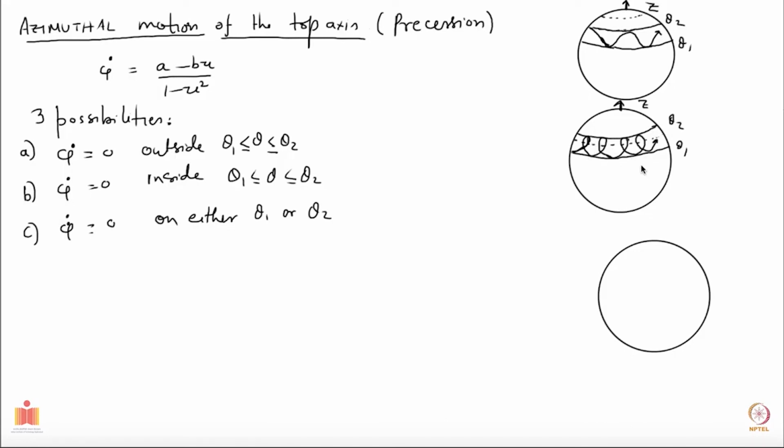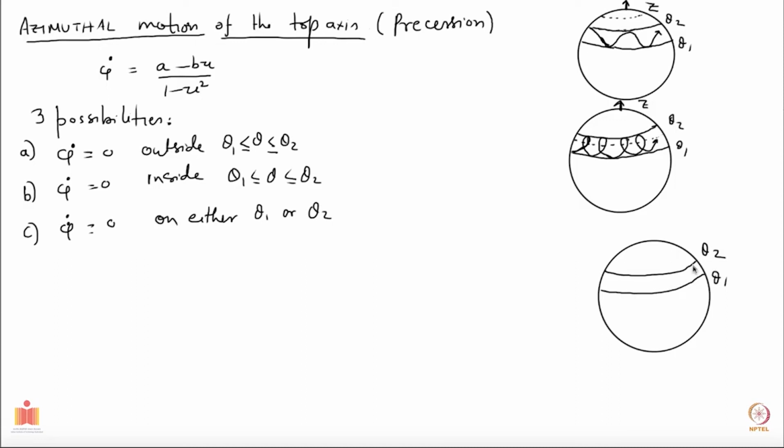It will make loops. Then the third option is that phi dot is 0 either on theta 1 or theta 2. So let me draw it again. Okay, this is theta 1, this is theta 2, and let's suppose that theta 2 is the place on which phi dot is going to 0.